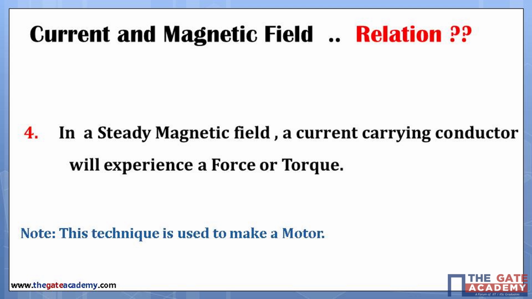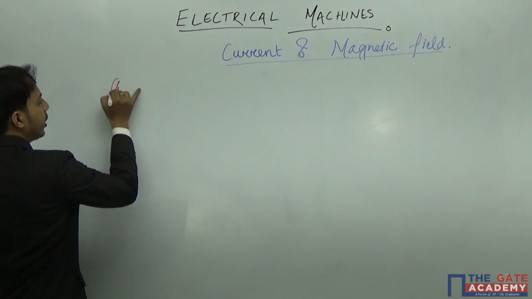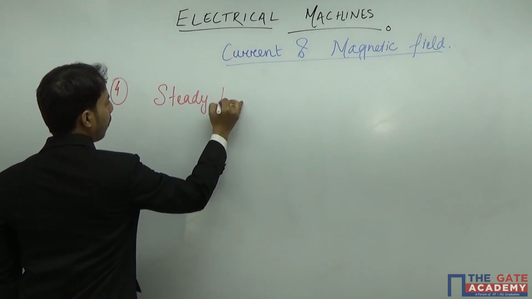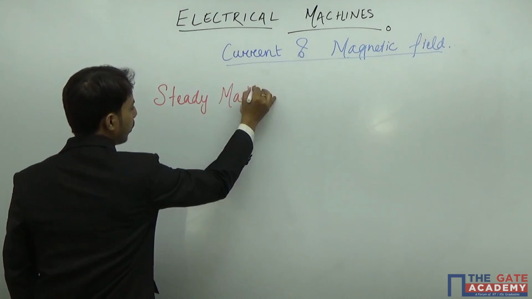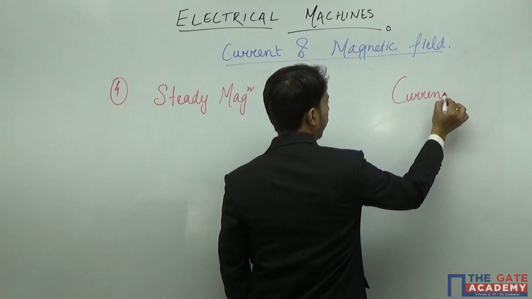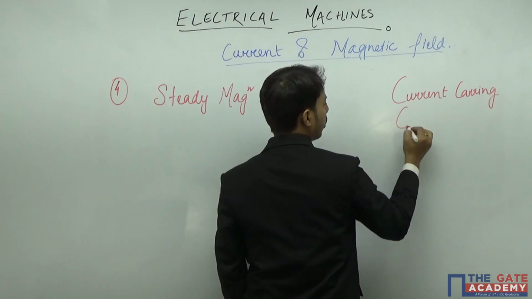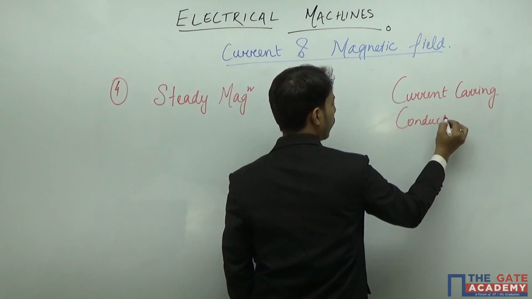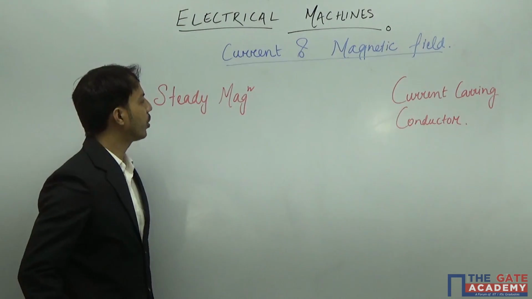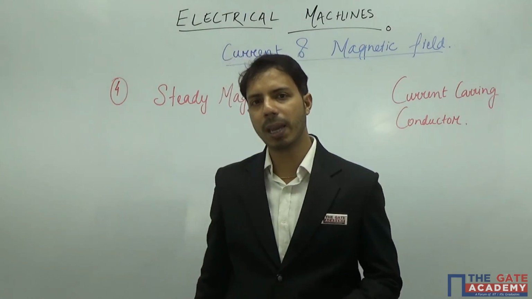Now, suppose I have a steady magnetic field and I have a current carrying conductor. Earlier, if I gave steady current, I got a steady magnetic field.